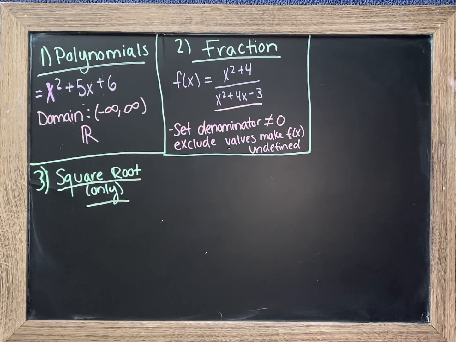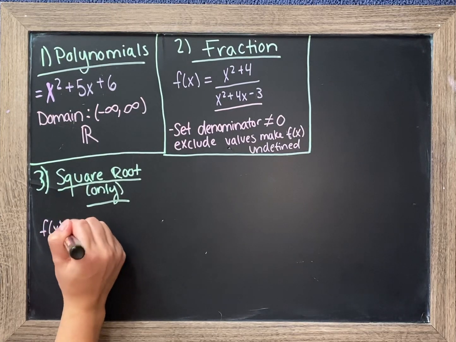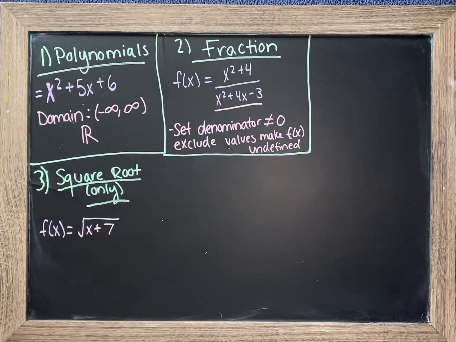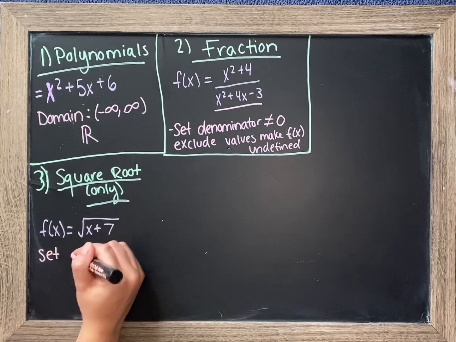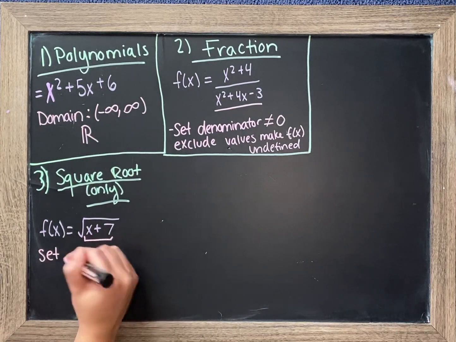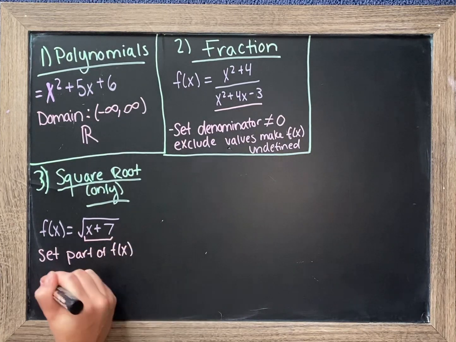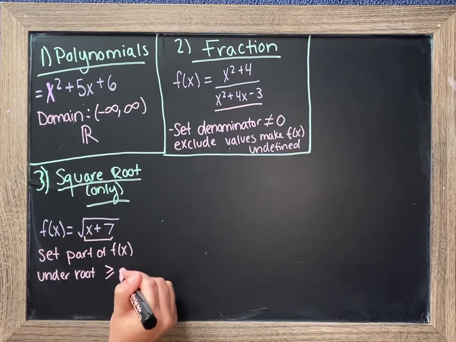So when you're dealing with a square root in your equation, like if you're working with f of x equals the square root of x plus 7, in order to find the domain of this function, you want to set the part of the function that's under the root to be greater than or equal to 0.